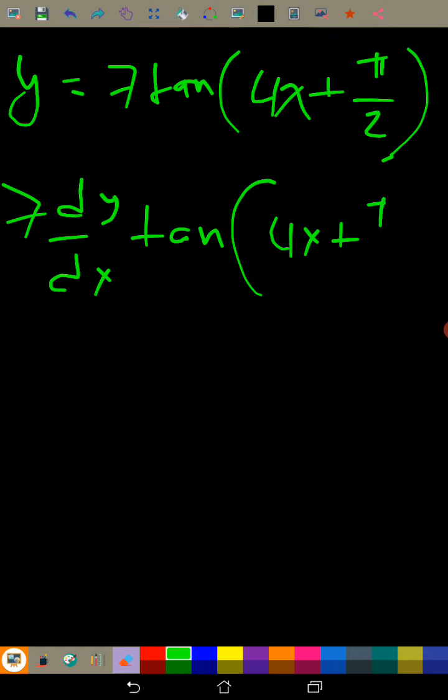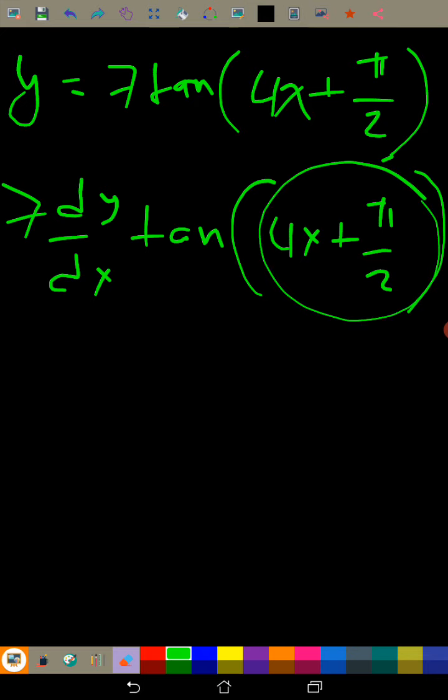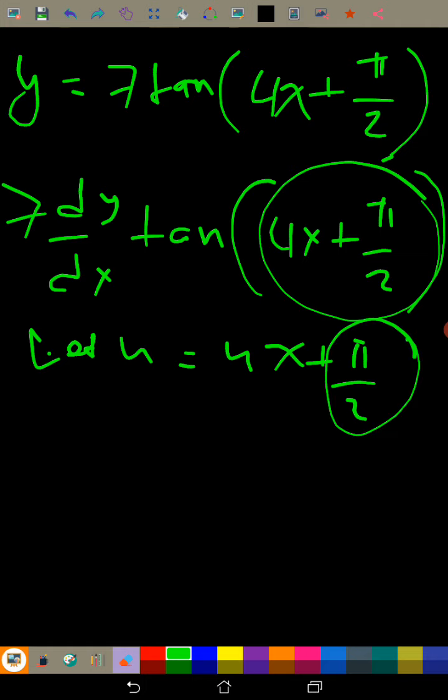This is quite difficult to do directly, so I'm just going to say let u is equal to 4x plus pi over 2, and this is a constant. du by dx is going to be 4.